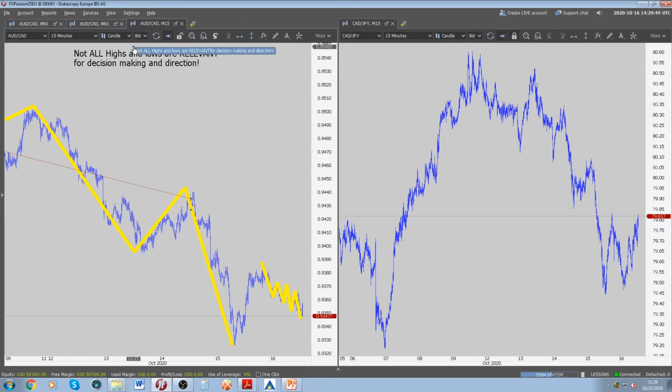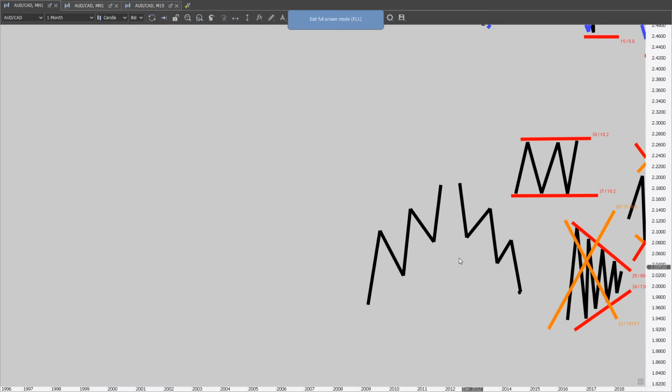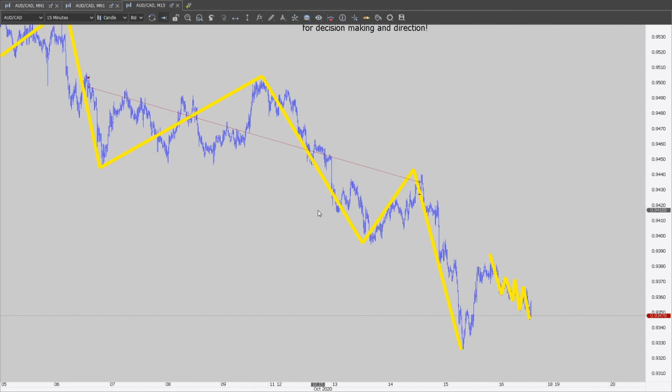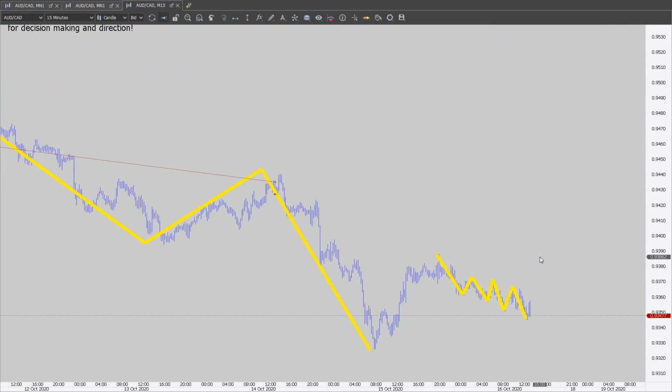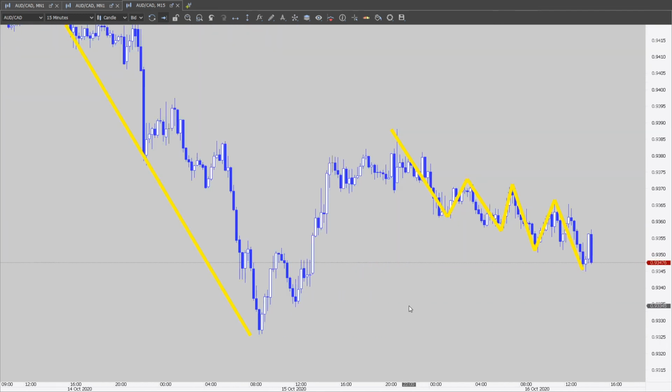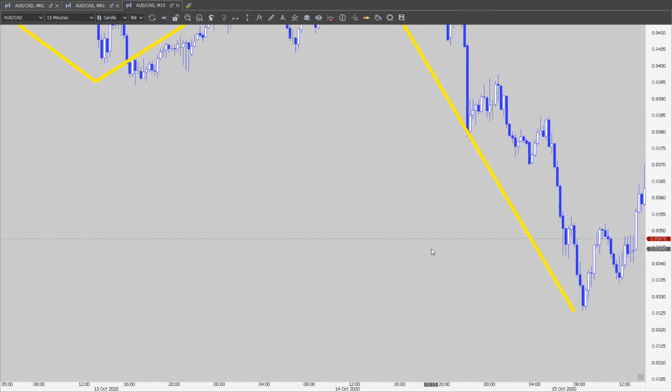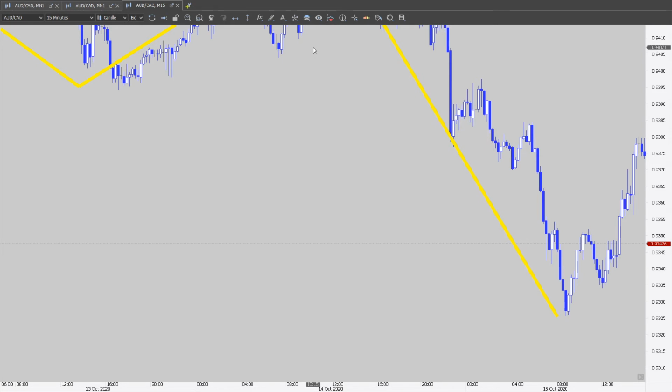Why not? Well, if you don't understand highs and lows and market behavior, you could easily be buying something, right? Because you don't know the future. You would be here and you would say, oh, the market's making higher highs, higher lows, let's buy the market, right?